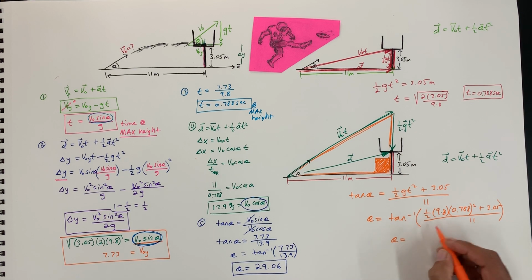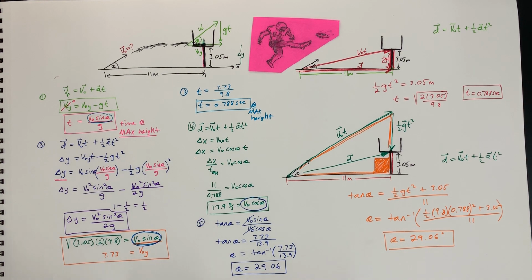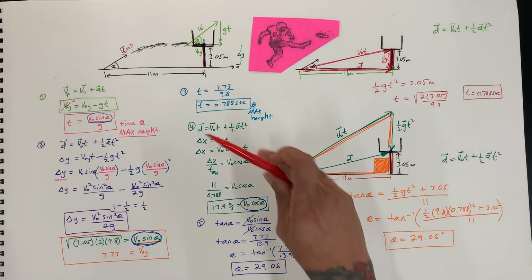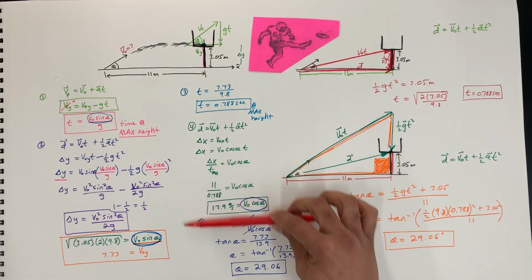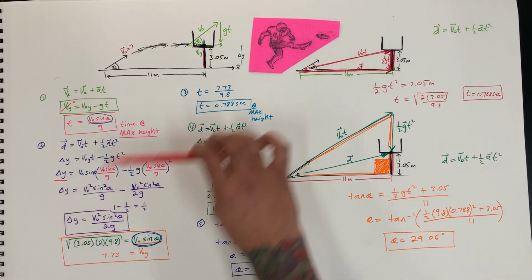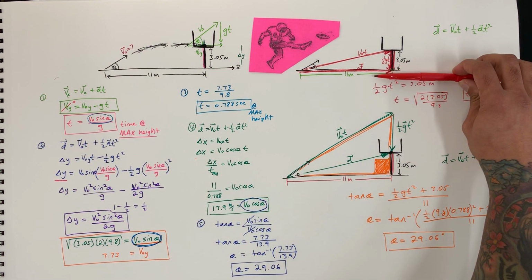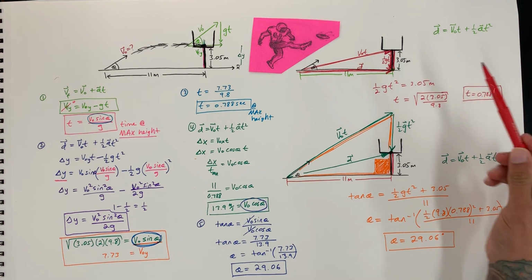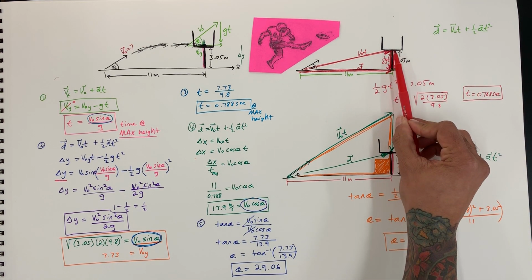We're gonna get theta is equal to 29.06 degrees. Okay, so 1, 2, 3 lines to get the same answer, and that was from here to here. Okay, so this entire first part, 1, 2, and 3, we can find it in 3 steps using these triangles.